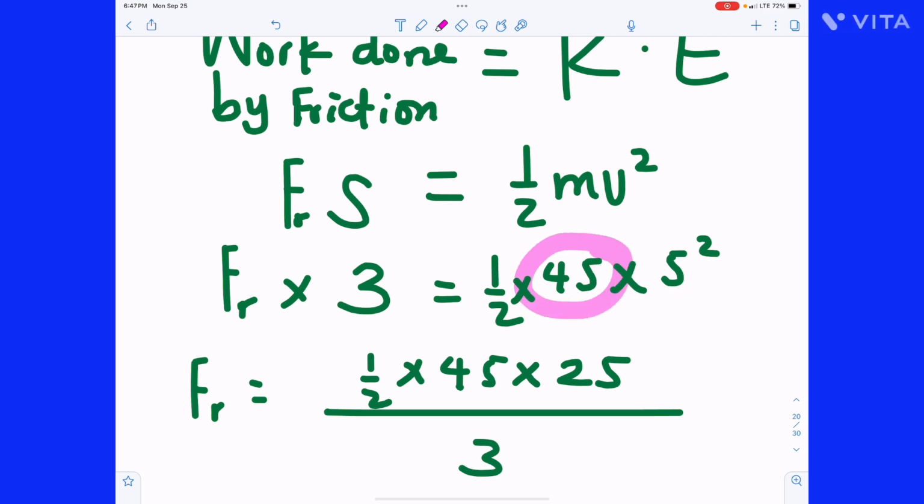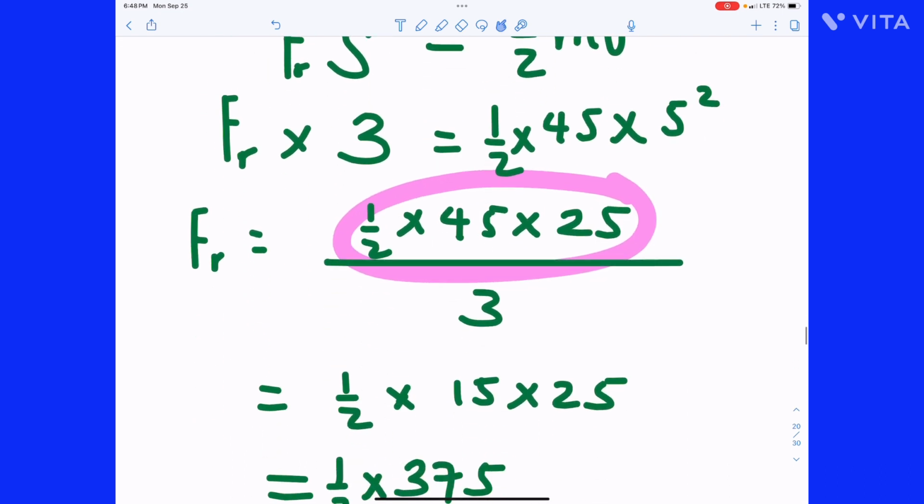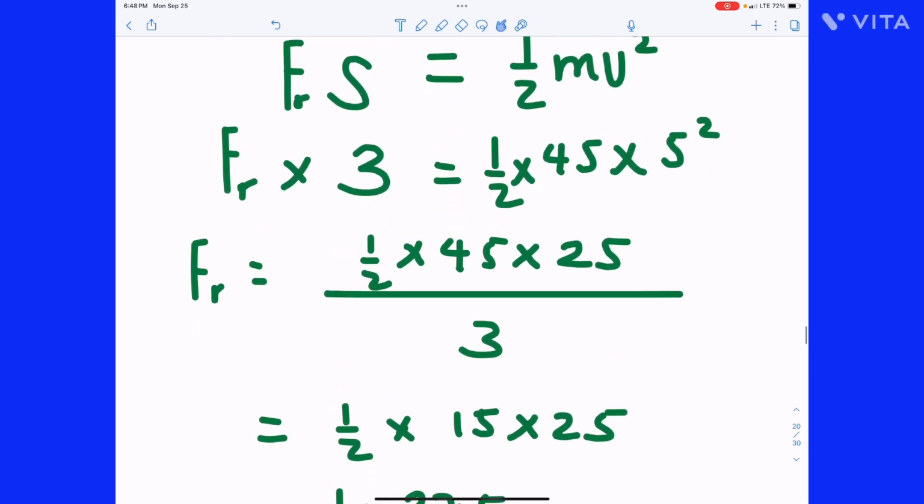Mass of the box is 45 kg and its initial velocity is 5 meters per second. So half mv squared over what? Over 3 will give us the kinetic friction.